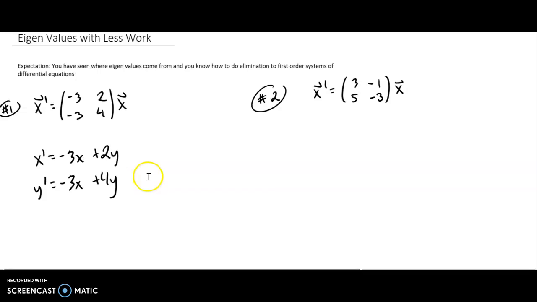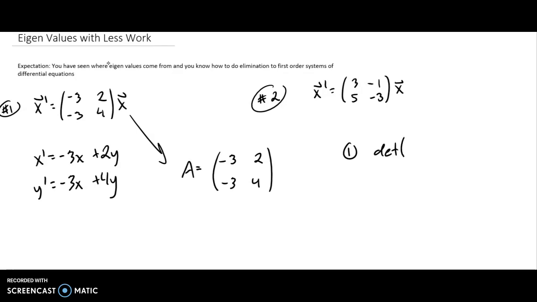What we are going to do with this is I'm going to just call this matrix here matrix A. So A is [-3, 2; -3, 4]. There are two steps with lots of details in them that we're going to take to do this. The first thing we're going to do is solve the determinant of A minus lambda I equal to 0.